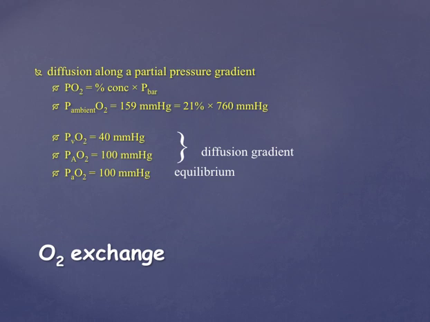Now here are a few of those abbreviations. Let's just go through the abbreviations first. These are 3 partial pressures. The lowercase v, the subscript that is a lowercase v, stands for venous.